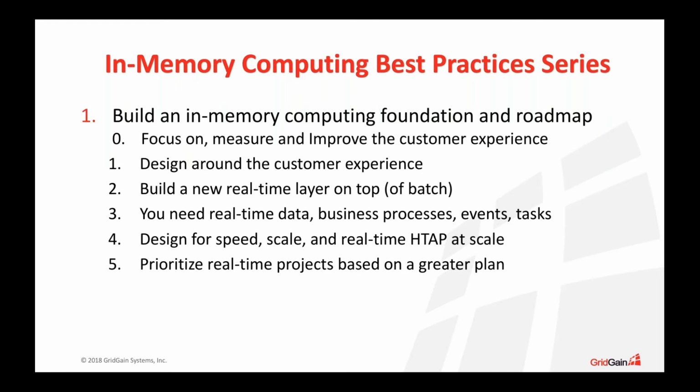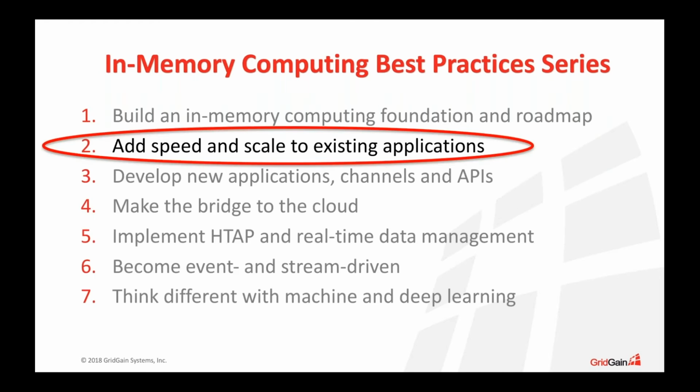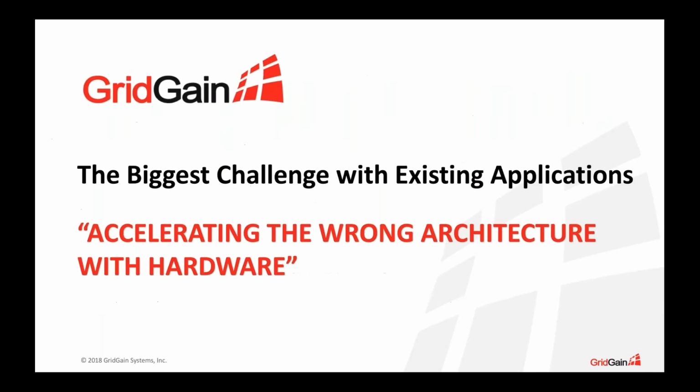This session is all about the first project that most people see in their journey, which is adding speed and scale to an existing application. Now, one of the biggest challenges we usually see here is people accelerating the wrong architecture with hardware.